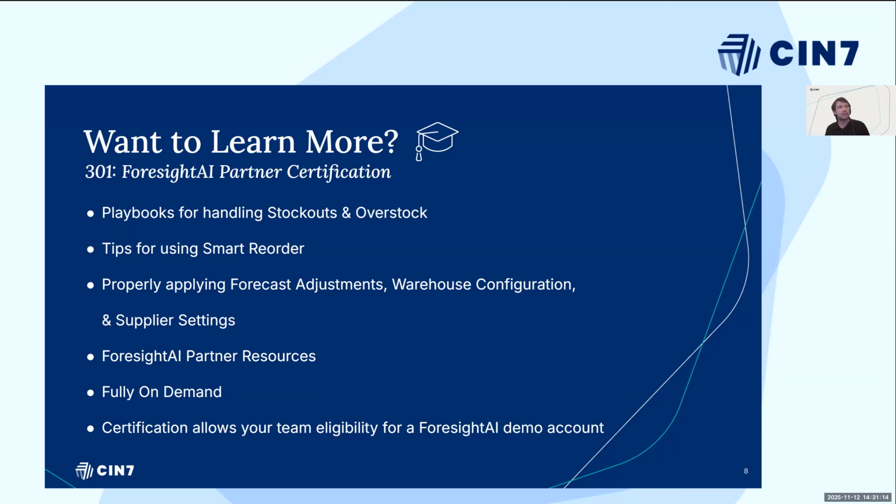It's fully on demand. There's Foresight AI partner resources in there, so you can learn about how you can use the new demo data generator tool, the partner admin as well, and all of that kind of fun stuff. And it allows your team to just be ready to use Foresight AI effectively for your clients.